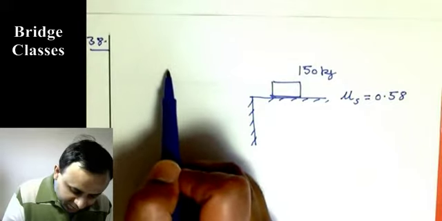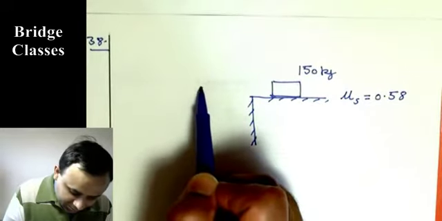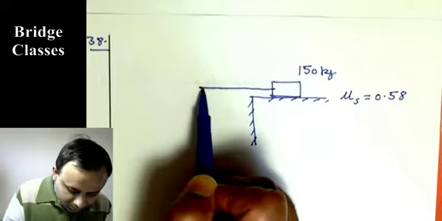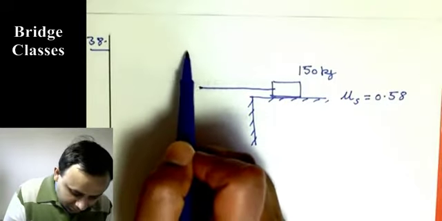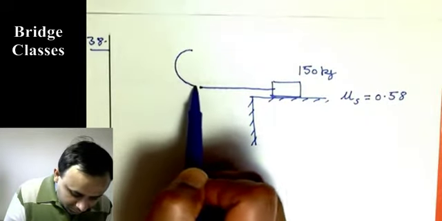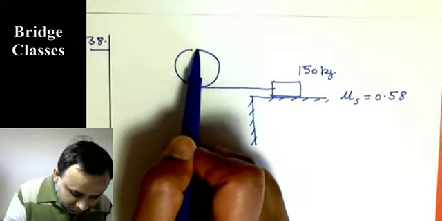Let me first draw: there is a belt here and then a fixed pulley.